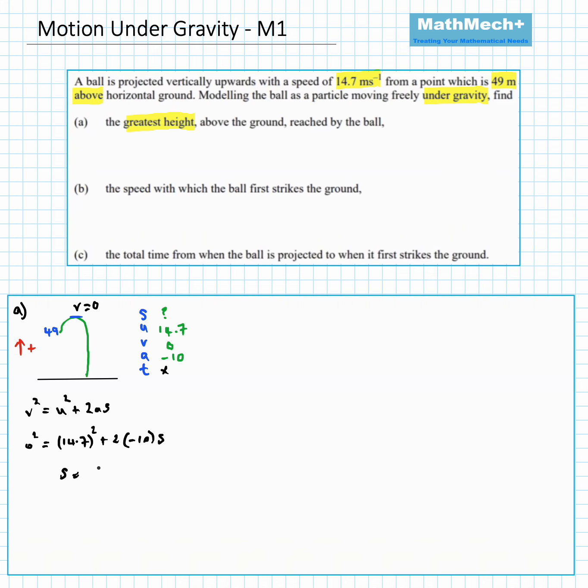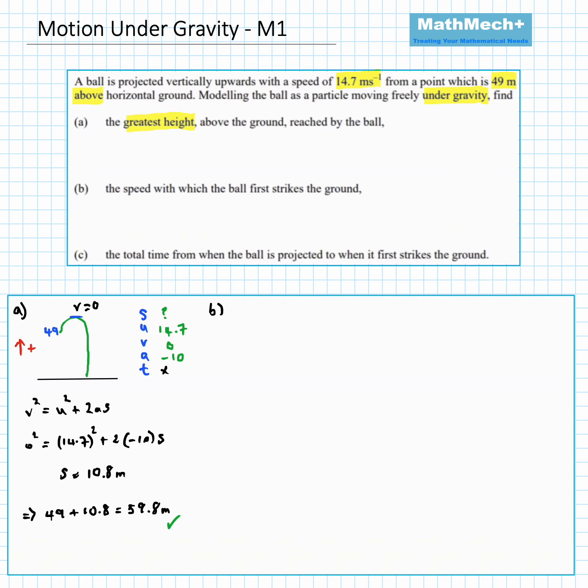So get your calculator out and you'll get 10.8 meters. Now the greatest height is not 10.8 meters, it's 49 plus 10.8, which is approximately 60, it's 59.8 meters. And that's our greatest height, that's part A.